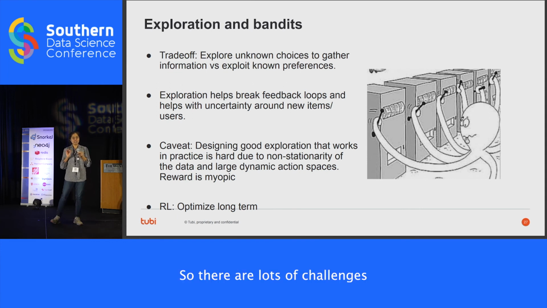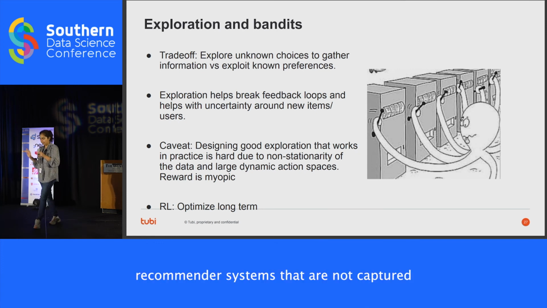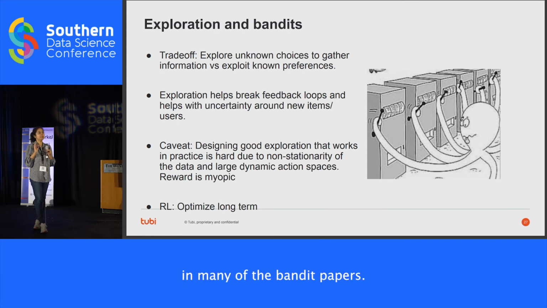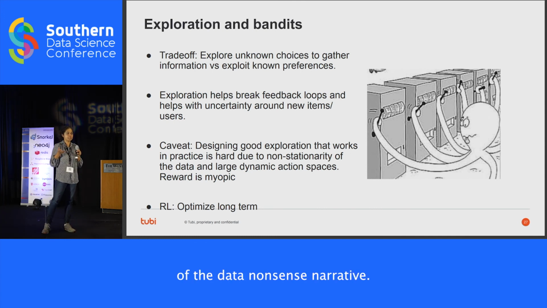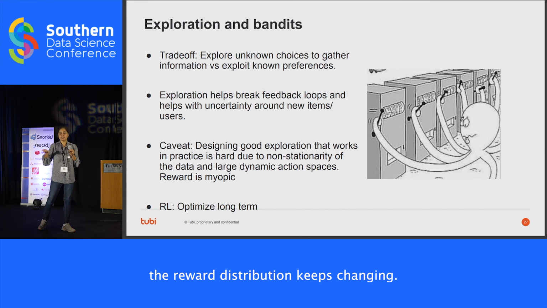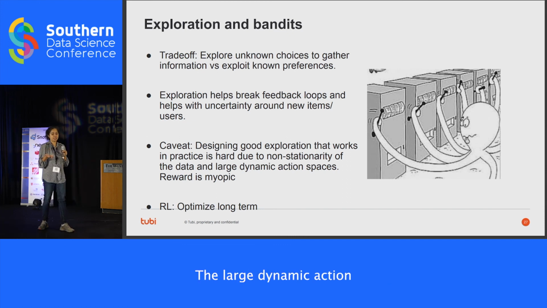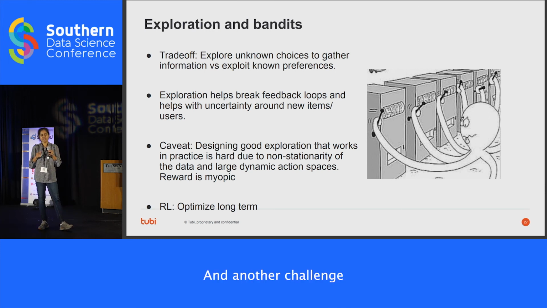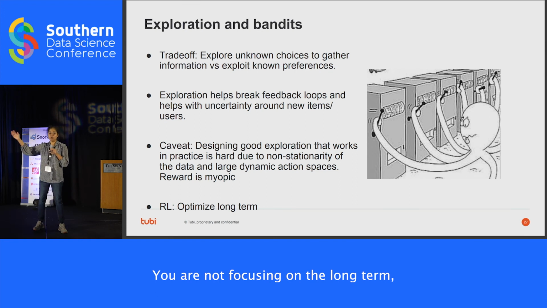So there are lots of challenges in real-world practical recommender systems that are not captured in many of the bandit papers. For example, there is non-stationarity of the data, non-stationarity of the rewards themselves. The reward distribution keeps changing. It's not a fixed distribution. Then there are the large dynamic action spaces that I spoke about. And another challenge with these contextual bandits is that the reward itself is myopic, which means that the reward is short-term and you are not focusing on the long-term.